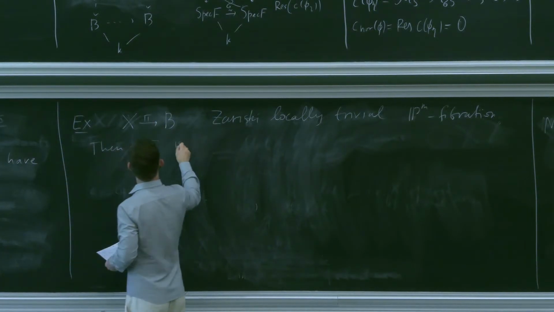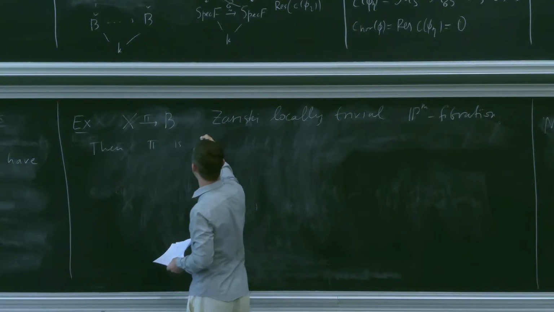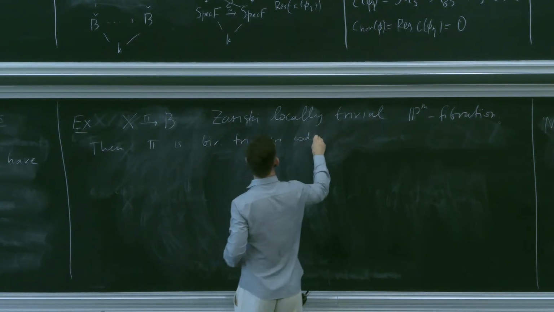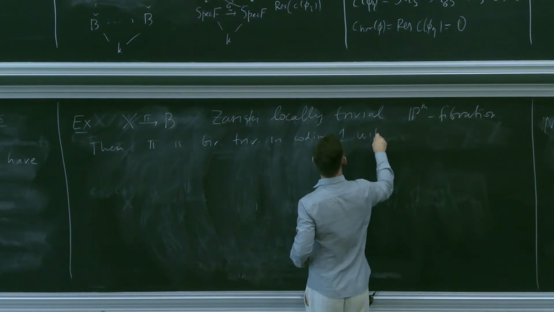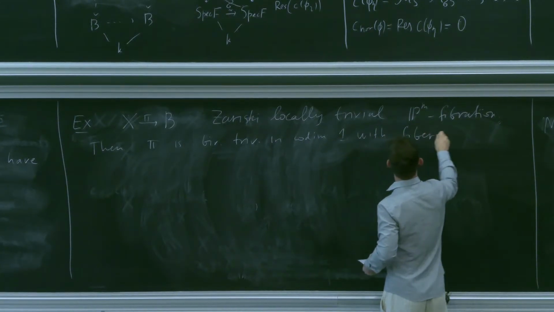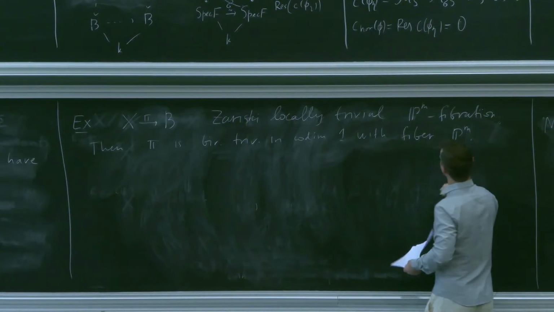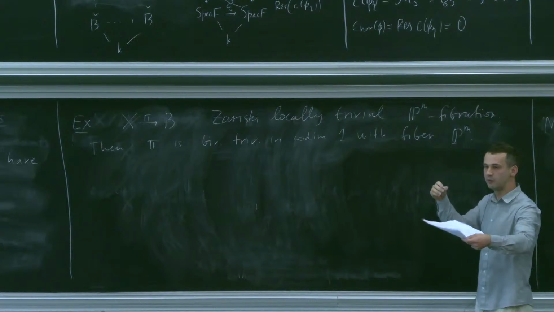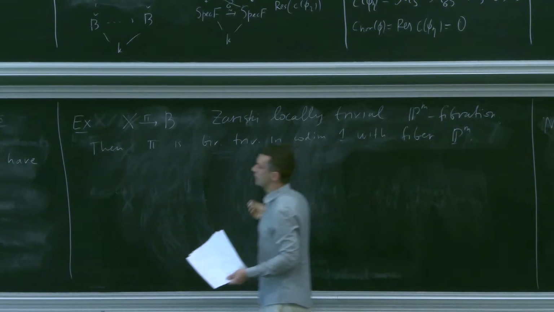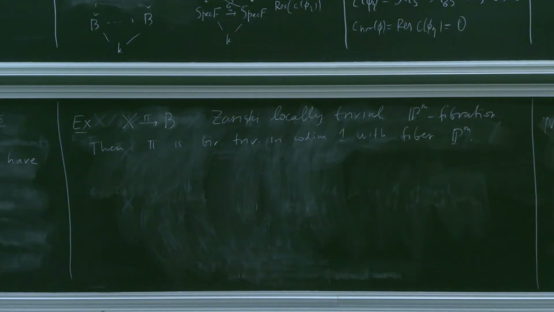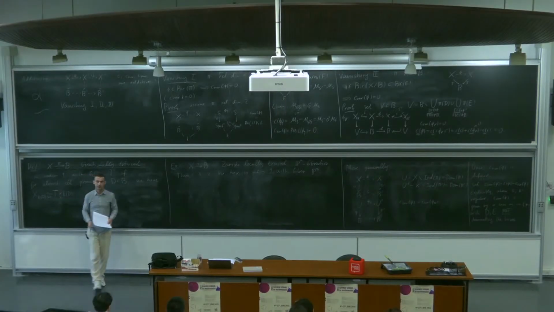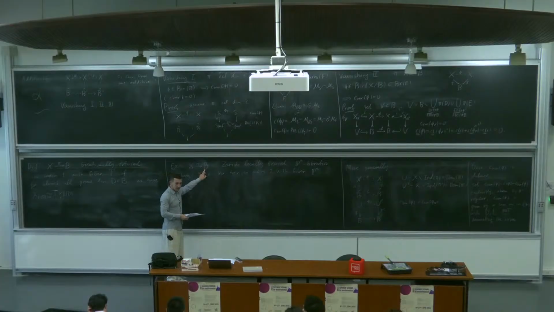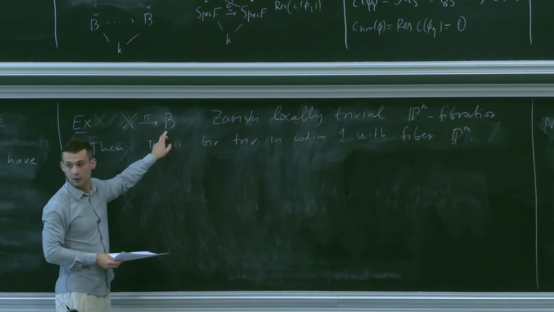So π is birationally trivial in codimension 1 with fiber P^m. Maybe there was some global structure, like vector bundles and projective bundles, but over the generic point you still get a trivial projective bundle, and that's it. In this case, it was even better. Even at the generic point of the base, it's still true.